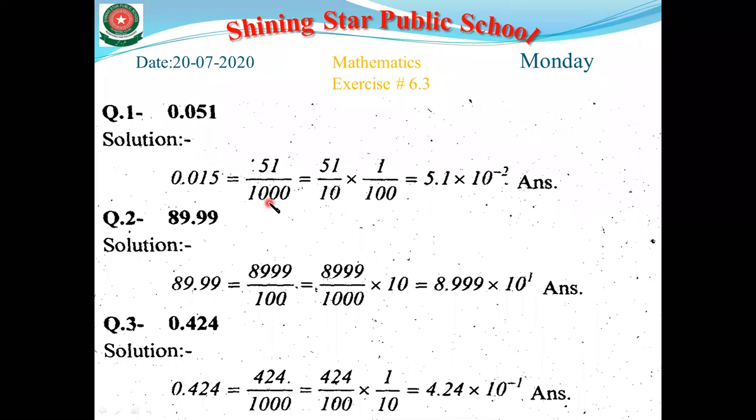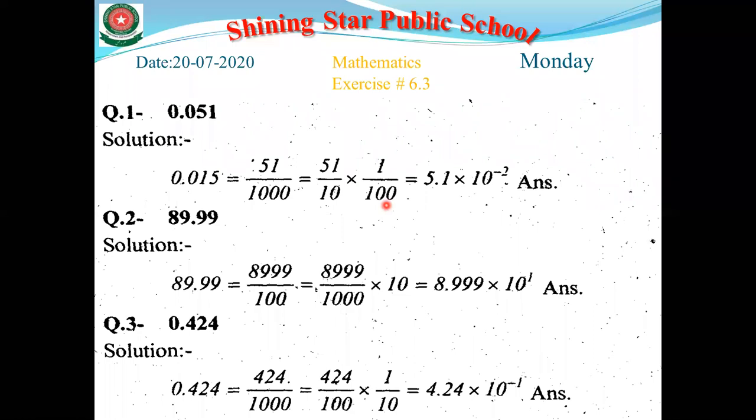Now in the denominator we have 1000. So we can write 51 divided by 10 multiplied by 1 divided by 100. Now 51 divided by 10 becomes 5.1, multiplied by 1 divided by 100, which is 10 power 2, because when you take the square of 10, it becomes 100.